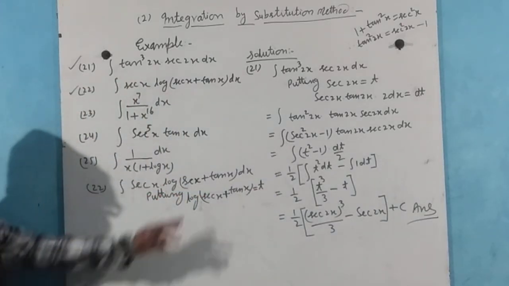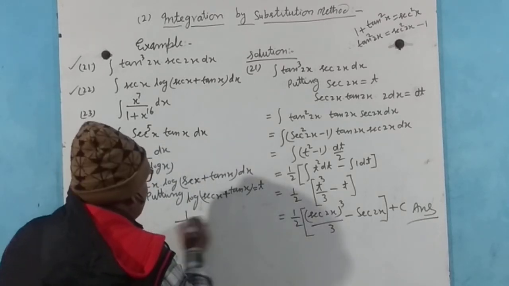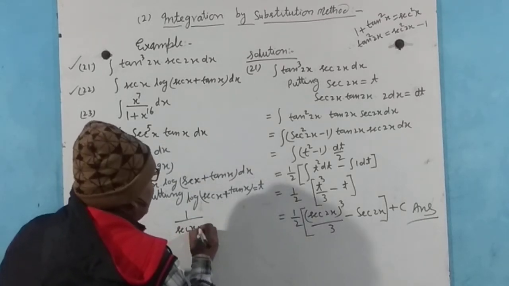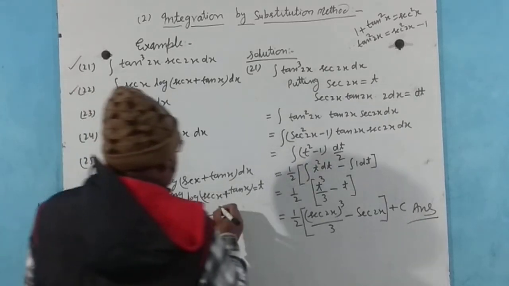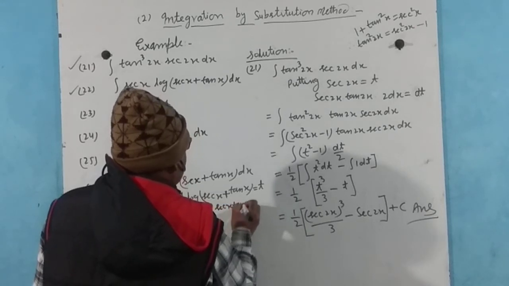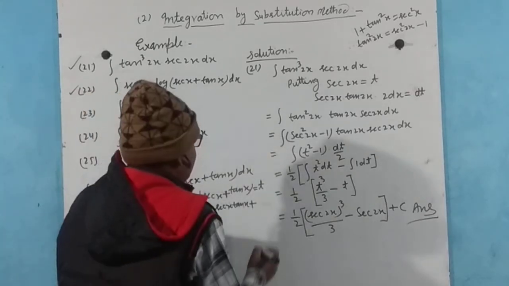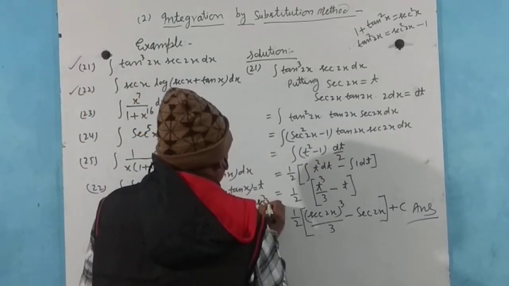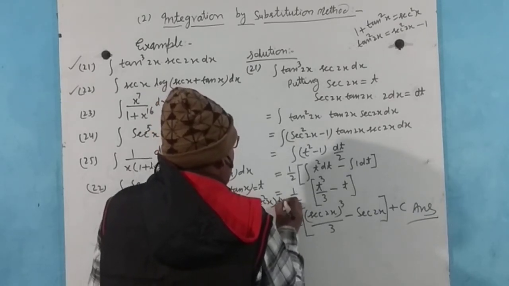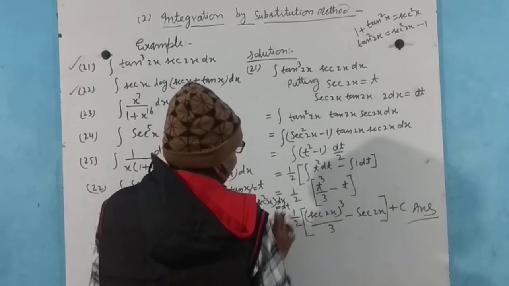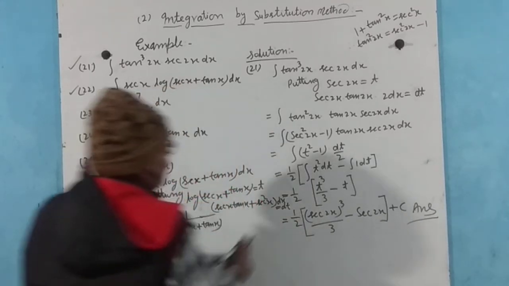Now differentiating this, log gives 1 by sec x plus tan x, and with respect to x, sec x tan x plus differentiation of tan x, sec square x, dx equal to dt.